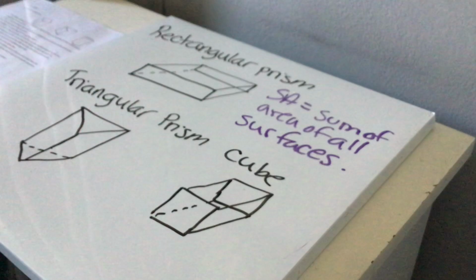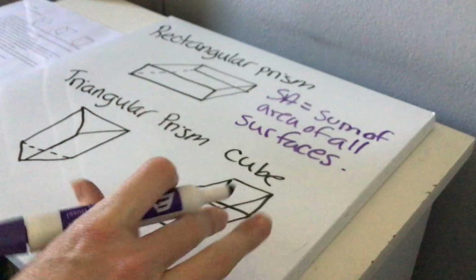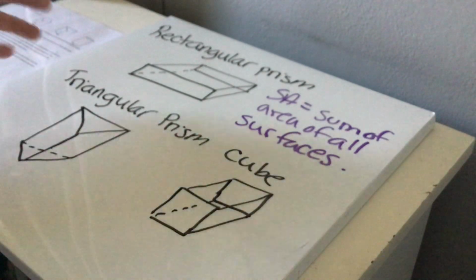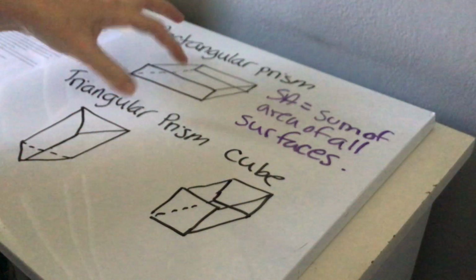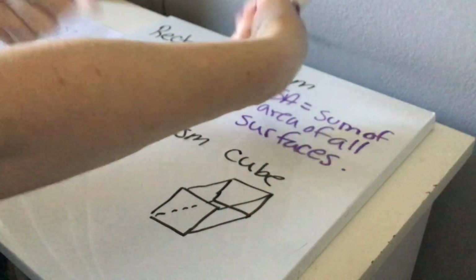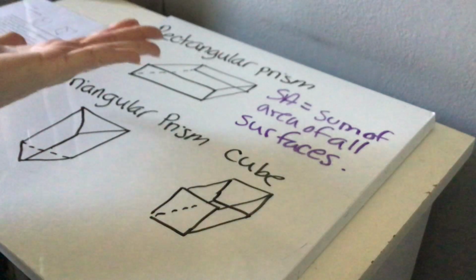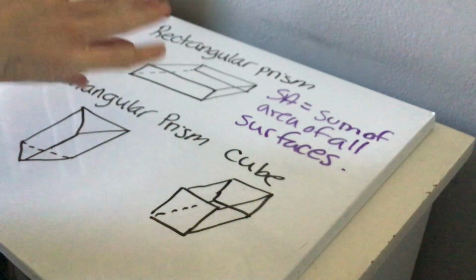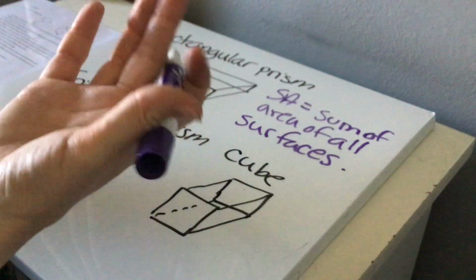So you're talking about if you were to cut these prisms open and lay them flat, find the area of each surface. In a rectangular prism, these are all rectangles. You have a front and a back, which are the same, the two sides are the same, and the top and the bottom are the same. So you have six surfaces that are all rectangles.